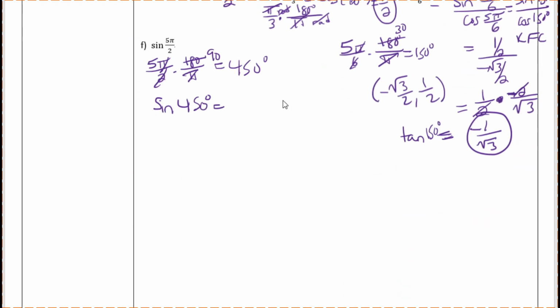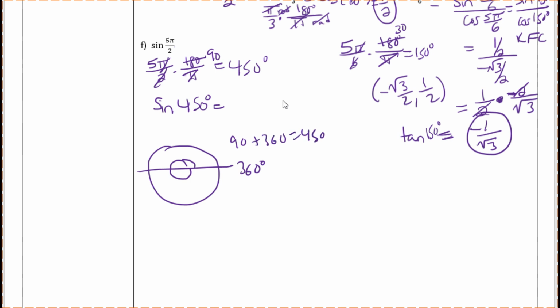So on our unit circle, we're at 360 degrees because we did one full rotation, and then we go an extra 90 degrees, because 90 plus 360 is 450. That means we're over here on the positive y-axis.